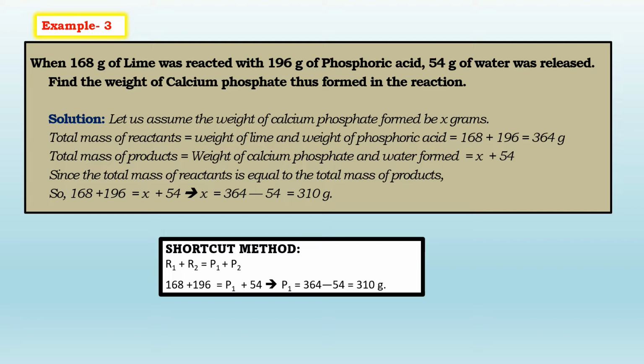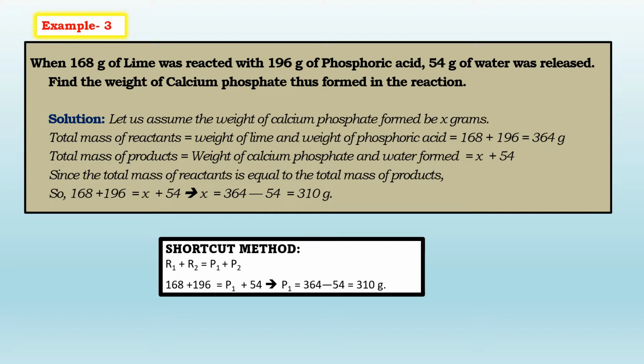Since the total mass of reactant is equal to the total mass of products, so 168 + 196 = x + 54. Solving for x, x = 364 - 54 = 310 gram. Shortcut method. R1 + R2 = P1 + P2.